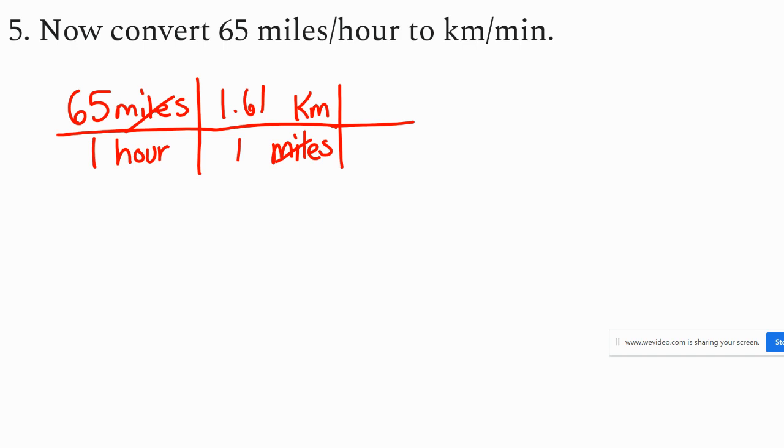To get rid of it, it's going on the opposite side. And we want to go into minutes, and we know how many minutes there are in 1 hour. So now my hours will end up canceling out. See if you can get that to calculate out to the right value.